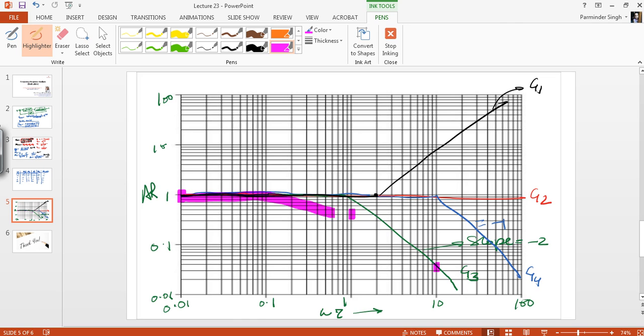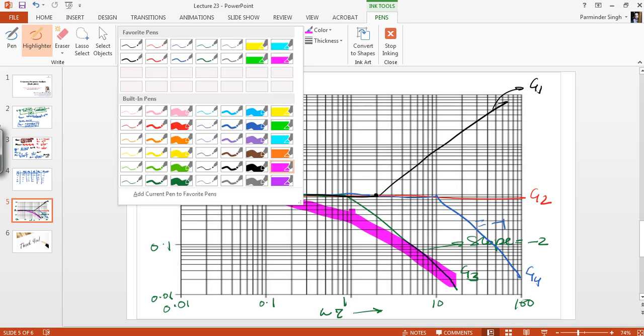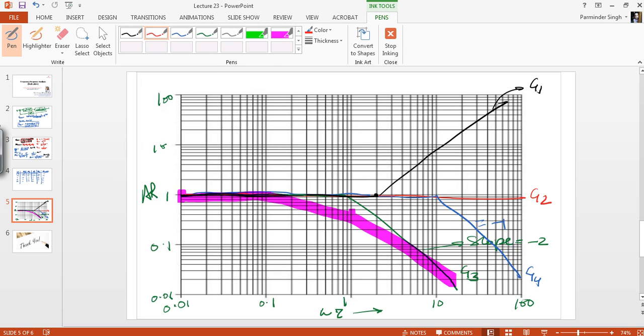So this is basically your overall plot. Clear? So overall plot will be represented by this. That is for G open loop transfer function. So that's how you plot the individual Bode plot and the overall Bode plot.